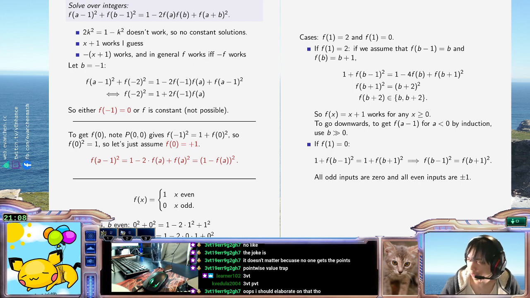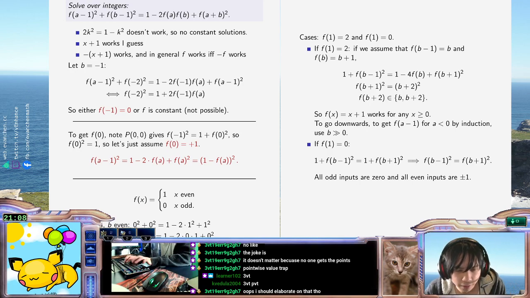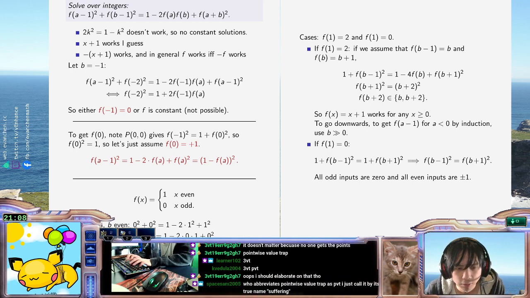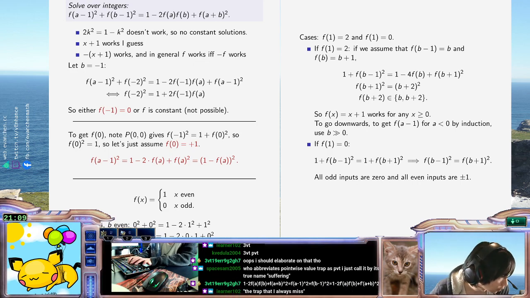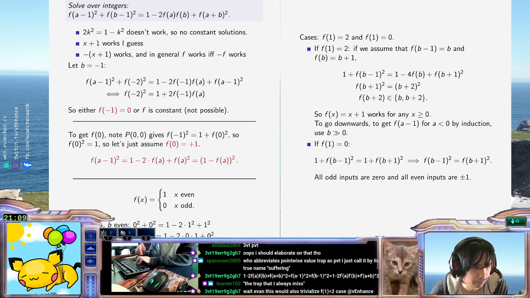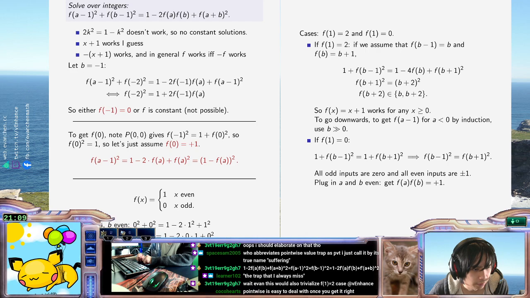In this case, what you do is you plug in, okay, I see it. Plug in literally any two even values of f. Just take A and B even. And you get, as suggested, f(A) times f(B) equals plus or minus 1. No, just do this. Pick two even numbers.